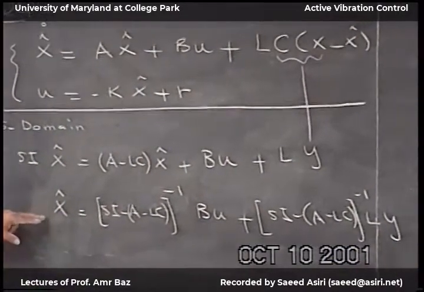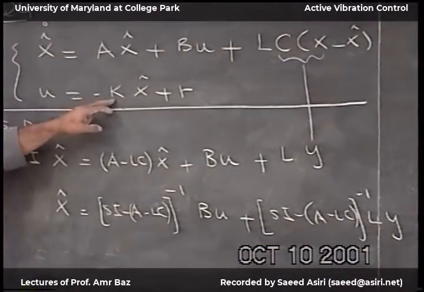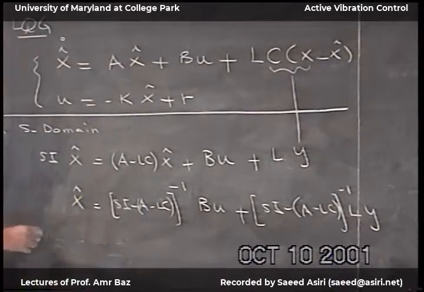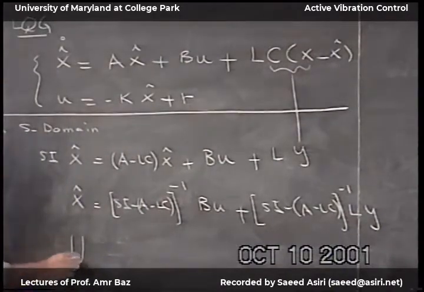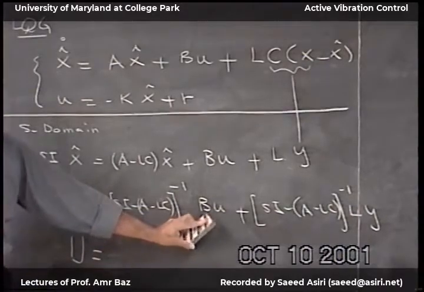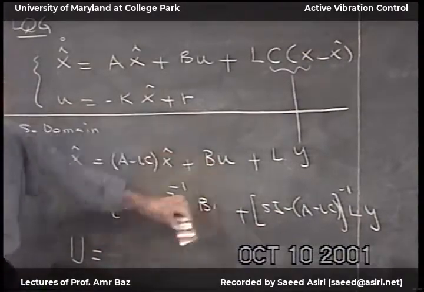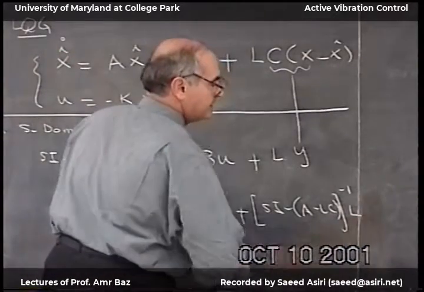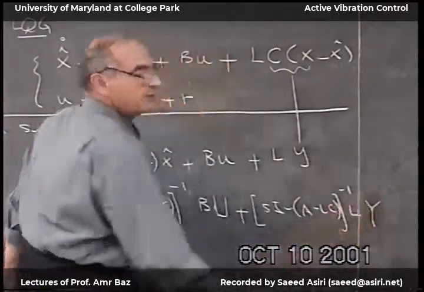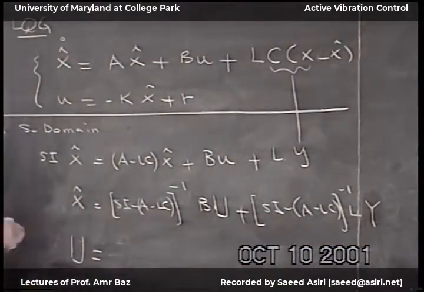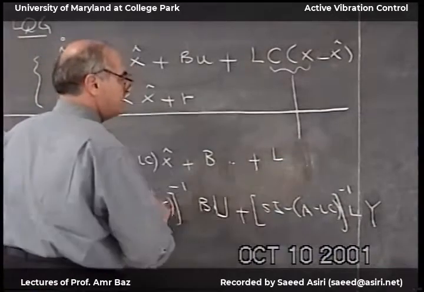I'm going to multiply this times minus K and add to the result r. So now this becomes here u, and let me make this U capital U, and this y here capital Y, because these are in the Laplace domain now.